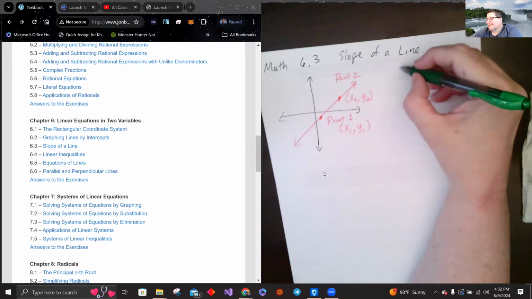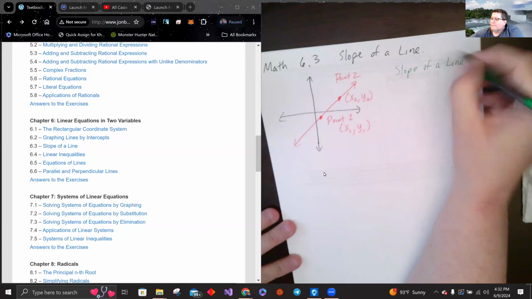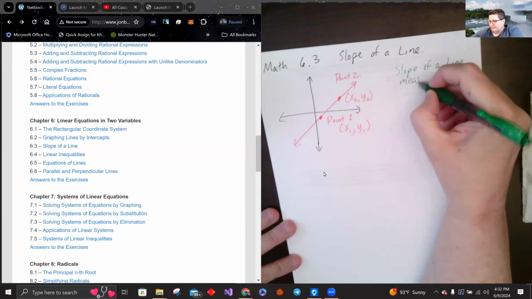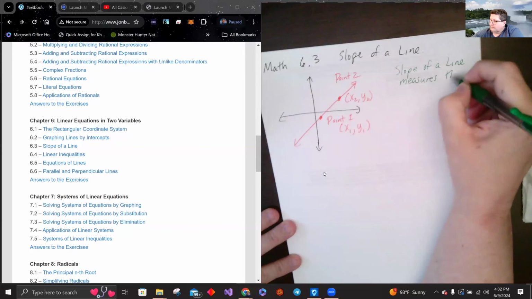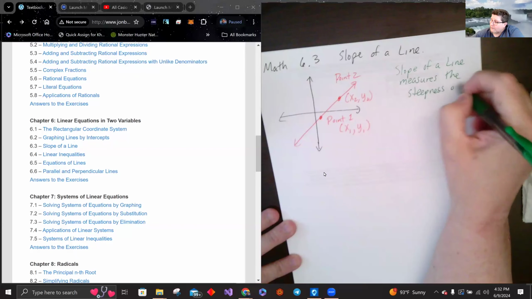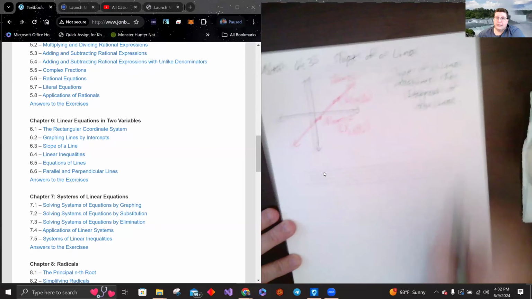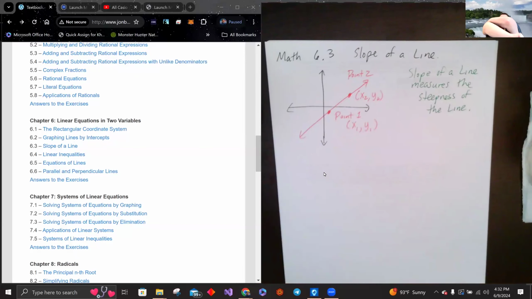The slope of a line measures the steepness. It measures the steepness of a line.